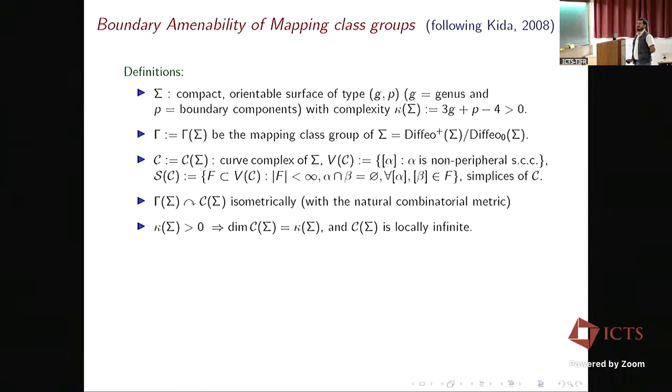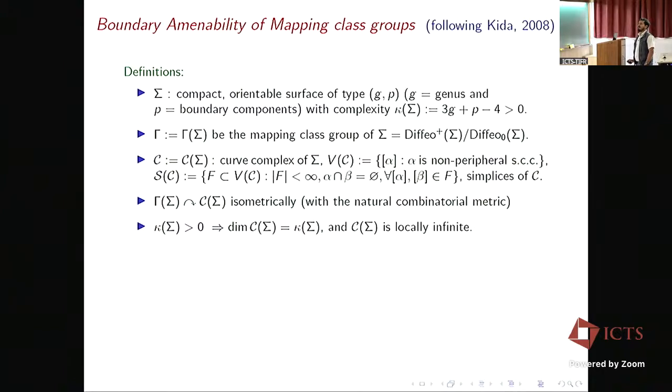And these are the mapping class groups. Gamma is the mapping class group. C is the curve complex, and V is the set of vertices, which are the non-peripheral, non-trivial curves which are simple, not self-intersecting.